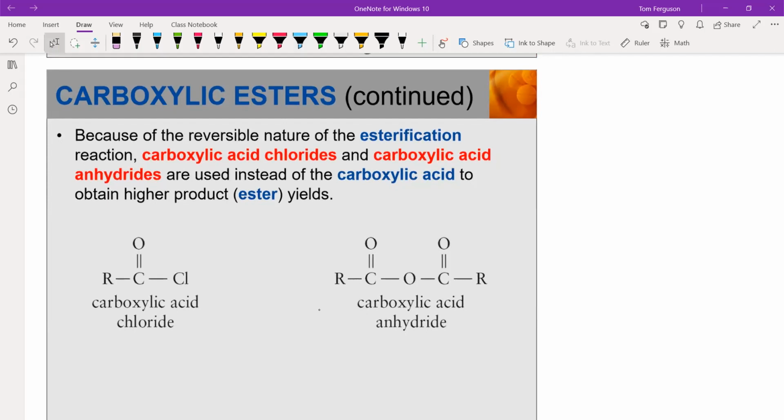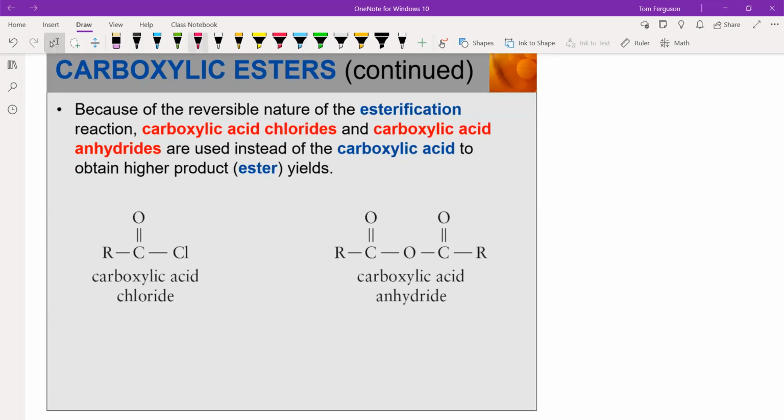There are 2 other ways to make esters. Okay, the first one is starting with the acid, which gives the least yield. The acid chloride gives the most yield. And the anhydride is intermediate.